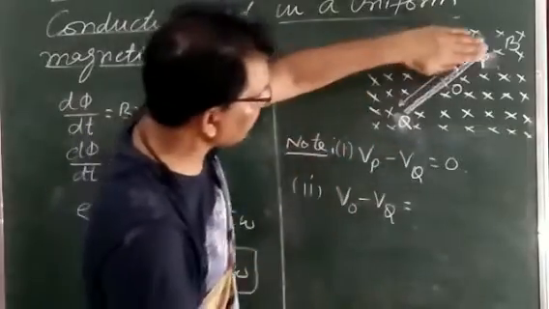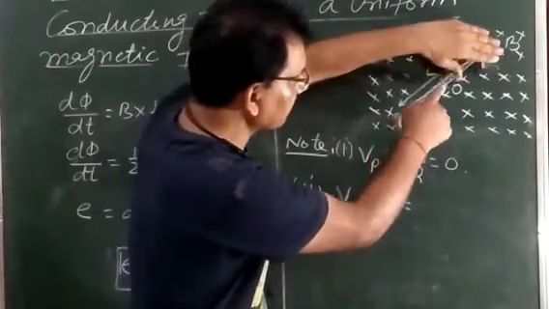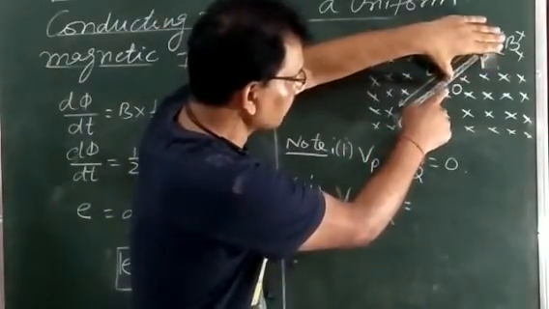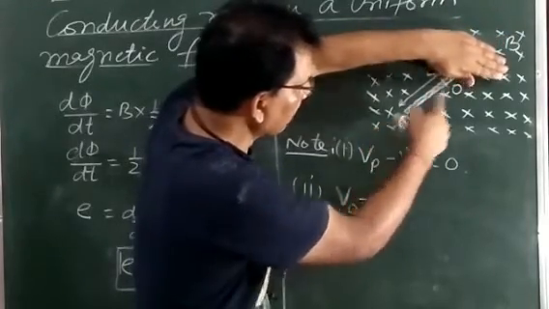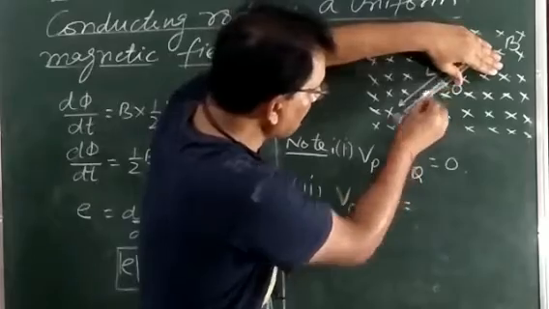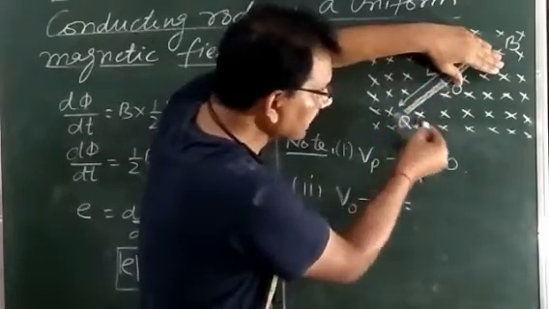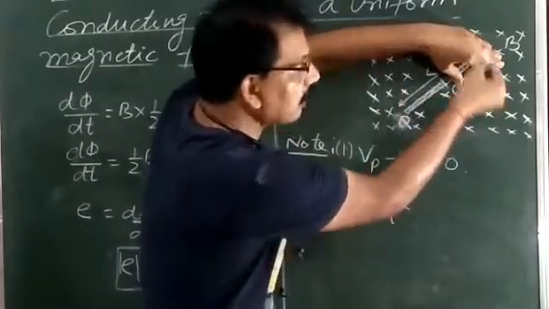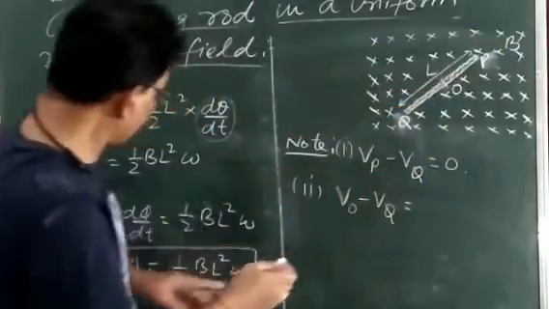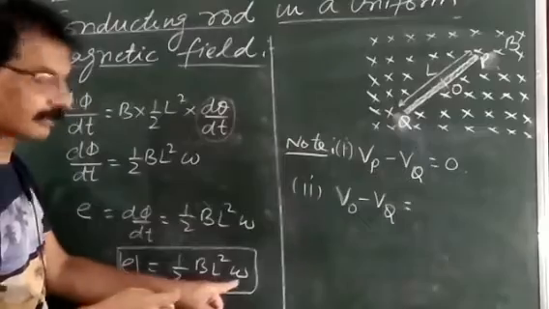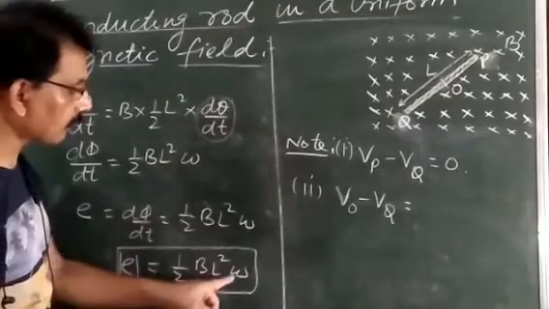So in this case, when you consider only half of the length about this point, the potential difference between O and Q, you can assume that this rod of length L by 2 is rotating in this magnetic field with angular velocity omega about the point O. And already you have calculated the formula for this one, half B L square omega.